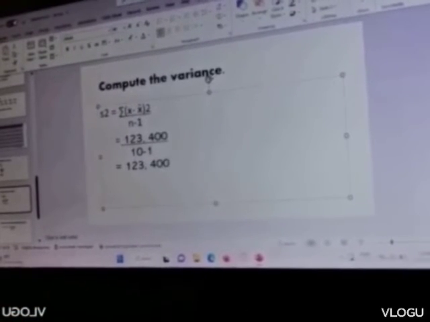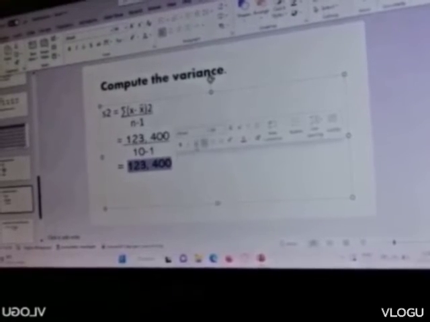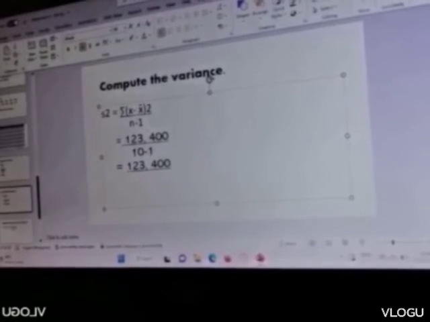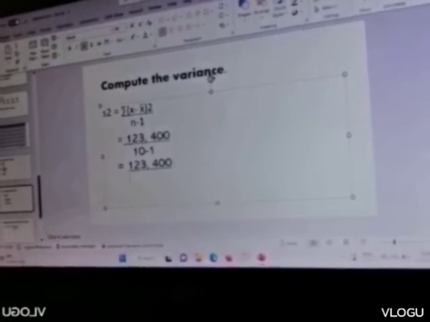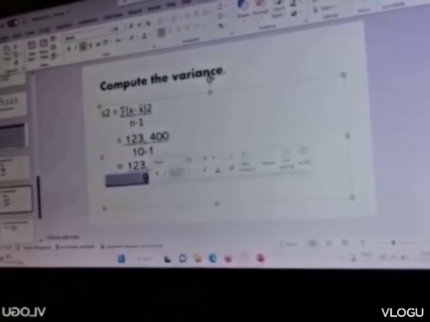So it's 9 already because we subtracted that from 1.